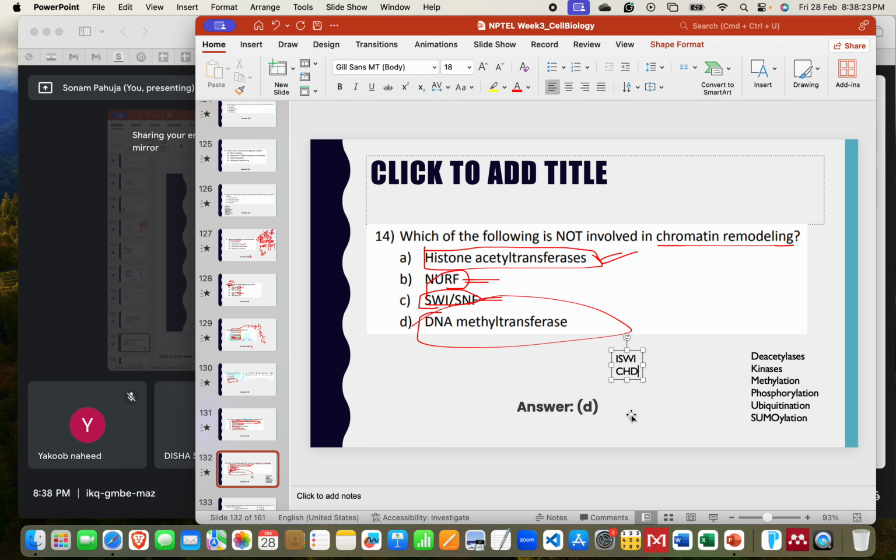CHD is another, chromodomain helicase DNA binding domain. Okay, so it is another chromatin remodeling complex. Another is INO80. It is inositol requiring 80. So these are different chromatin remodeling complexes.